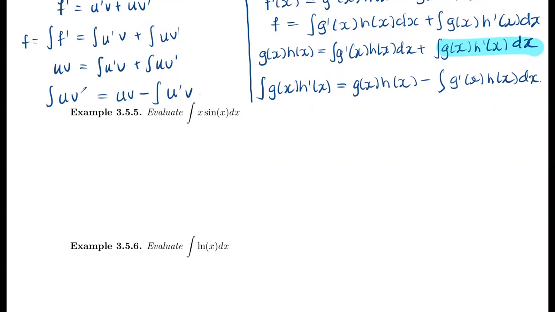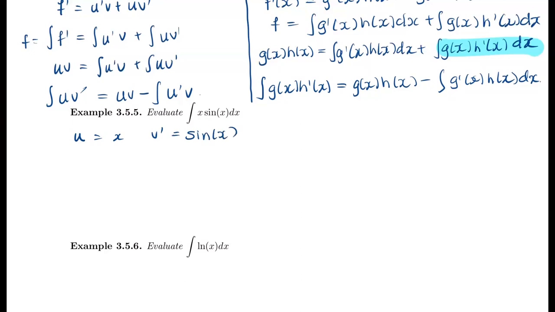So we have a function of the form u v prime. This sine of x is going to be the v prime, and this x is going to be the u. So u is going to be x, and v prime is going to be the sine of x.